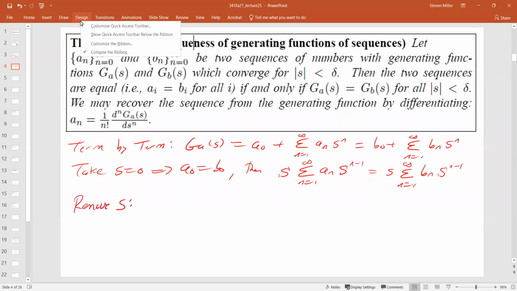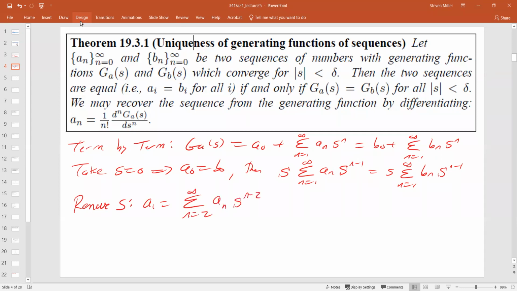Then we would just get a_1 plus the sum from n equals 2 to infinity of a_n s^(n-1), and I'll really emphasize that it's plus, equals b_1 plus the sum from n equals 2 to infinity of b_n s^(n-1).